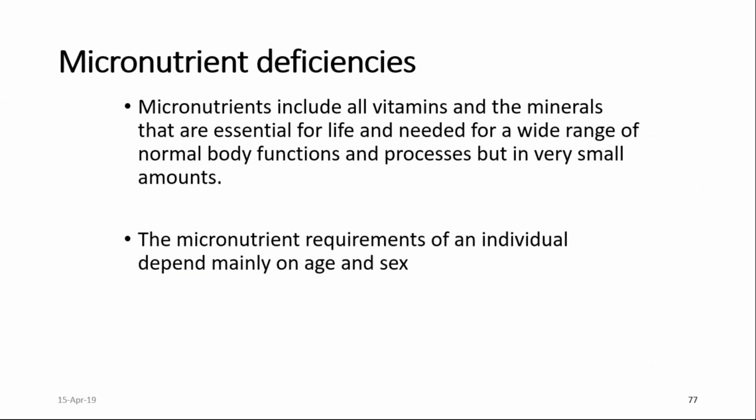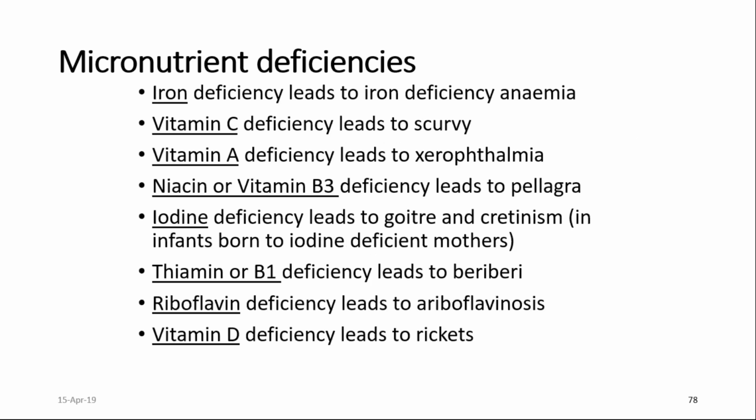Micronutrient deficiencies cover all the deficiencies of vitamins and minerals which we have gone through and which are essential for the body functions. These micronutrient deficiencies depend on the individual, mainly on the age and the sex. This is just to summarize or to make you recollect some of the micronutrient deficiencies, the nutrient and the deficiency it is known with.